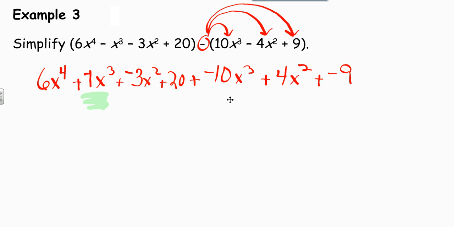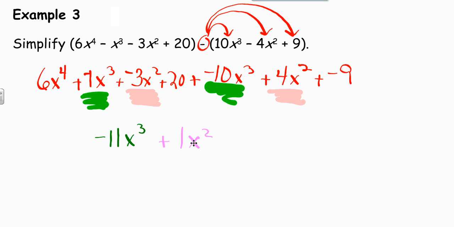We're going to collect like terms, and negative x cubed plus negative 10x cubed is negative 11x cubed. Then we have negative 3x squared and 4x squared, and that's going to come together and be 1x squared.